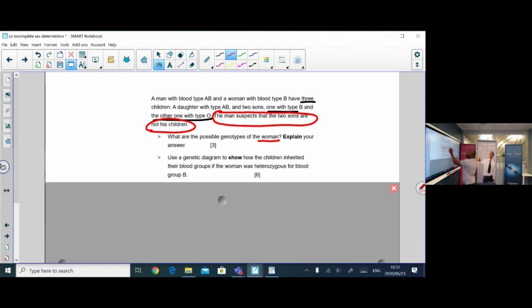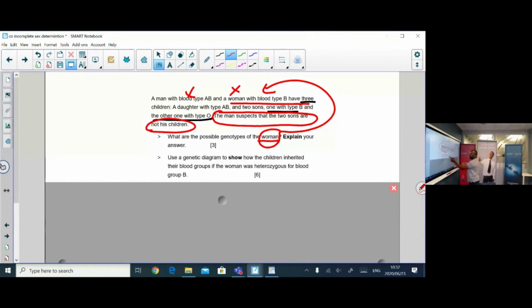The woman is blood group B. That's the woman we are referring to, who married this man. So what are the possible genotypes of that woman? I need my 3 marks. Then use the genetic diagram to show how the children inherited their blood group.